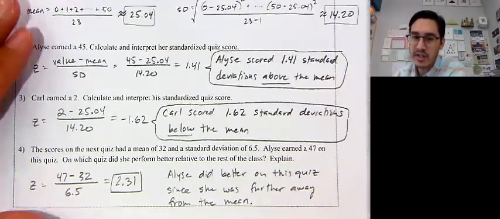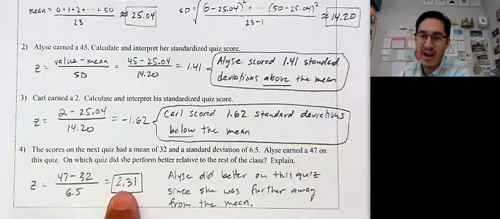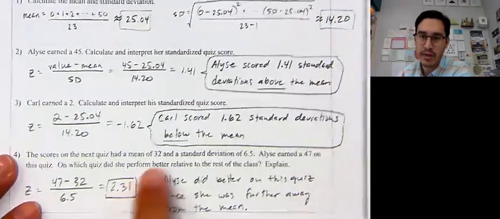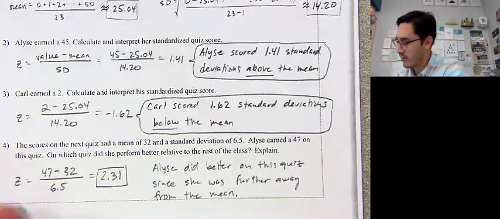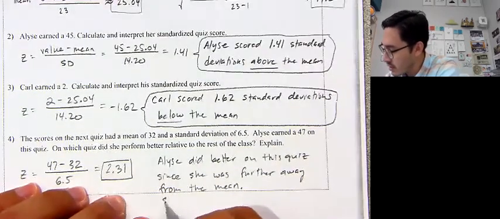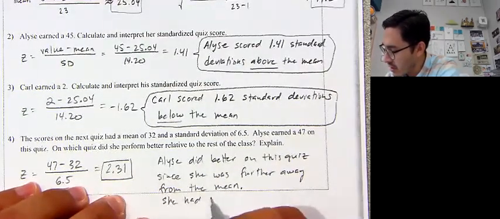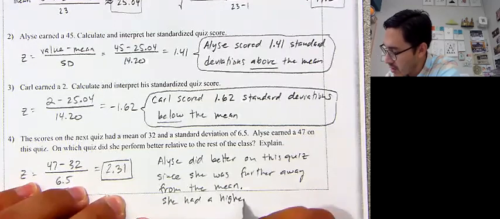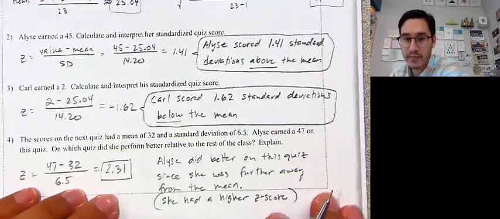Right, the simple explanation is her quiz had a higher z-score here, right? 2.3 is larger than 1.4. She had a higher z-score. Okay.